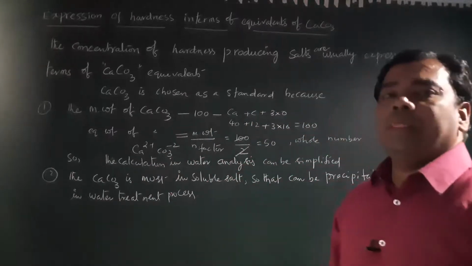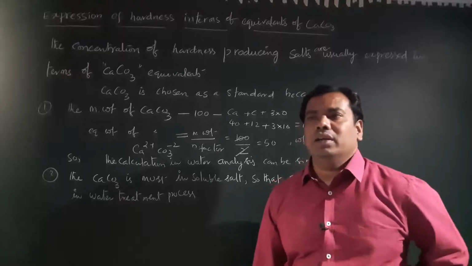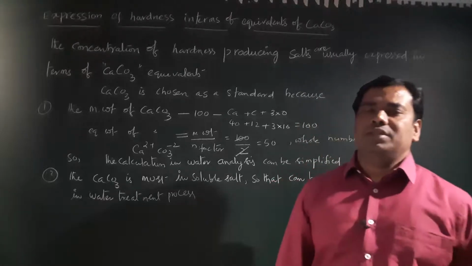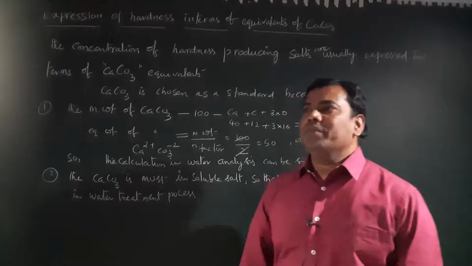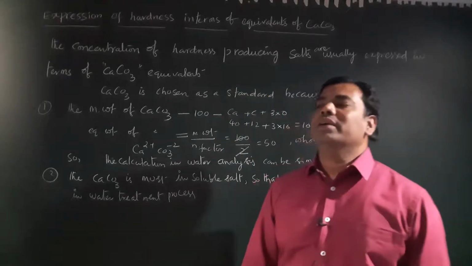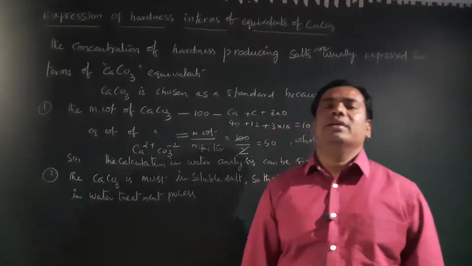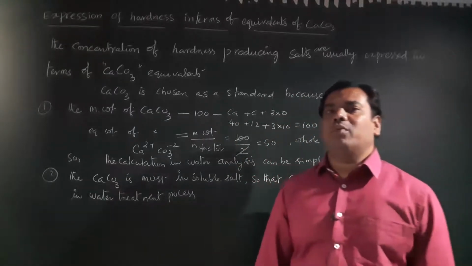Clear, students? The concentration of hardness producing salts is usually expressed in terms of CaCO3 equivalent. Why is calcium carbonate chosen as a standard? Because the molecular weight of calcium carbonate is 100 and the equivalent weight is 50.